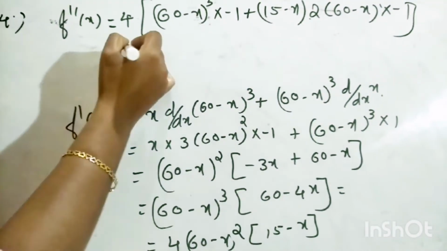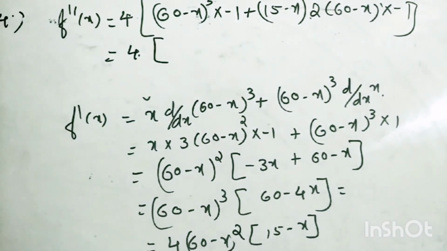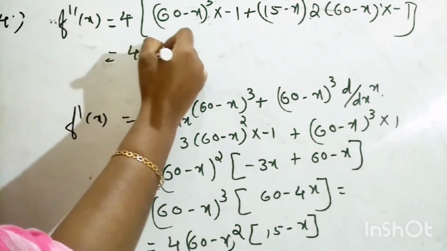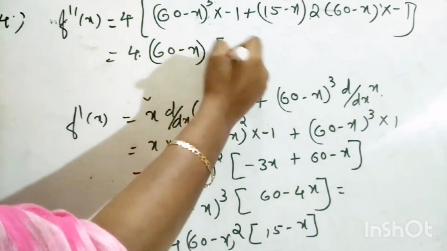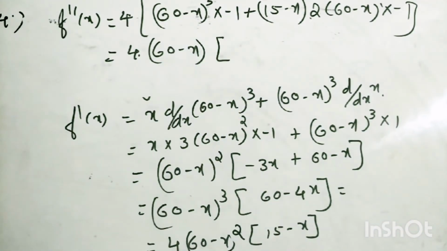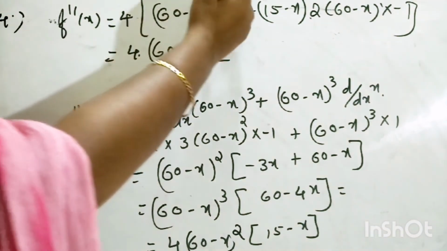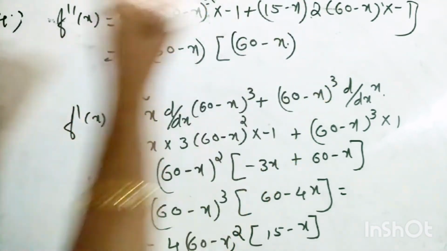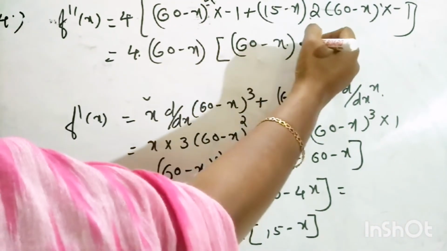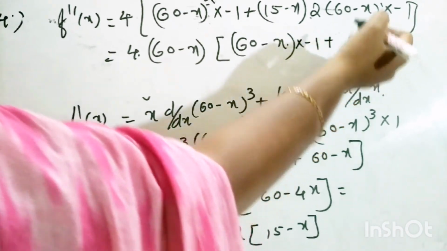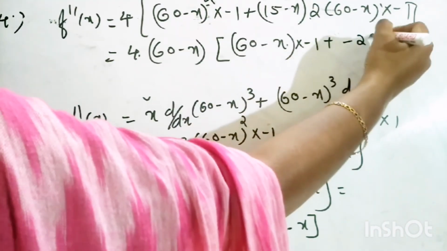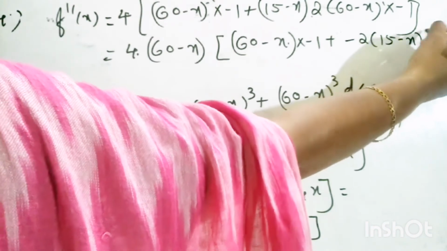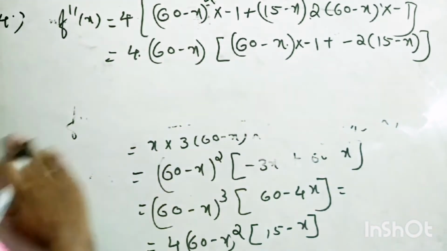Now this is equal to 4 into, actually the (60 - x) is common, that we can take outside. So (60 - x), and what will remain in the first term? In the first term we will have (60 - x) into minus 1, plus, and in the second term we will have minus 2 into (15 - x).